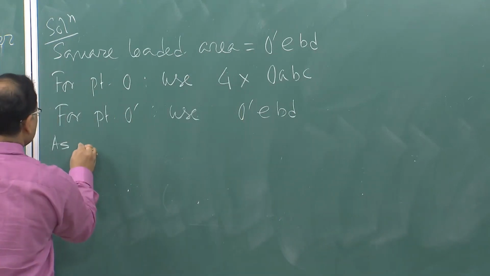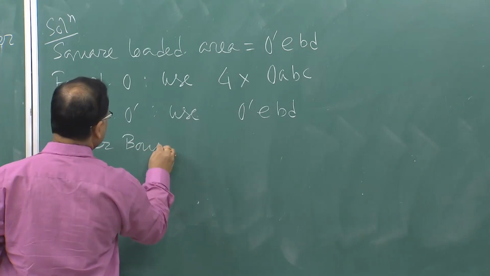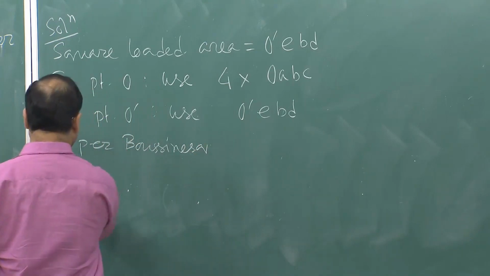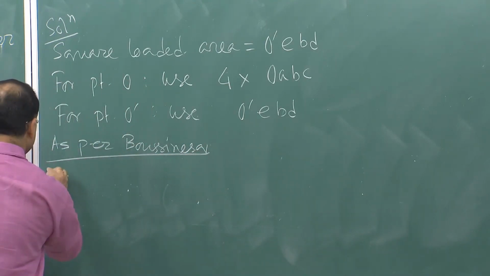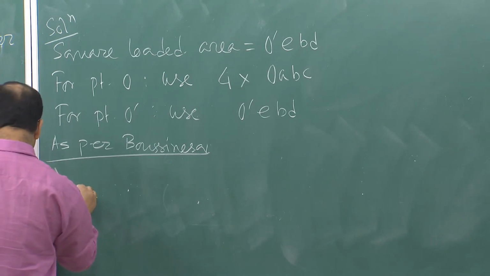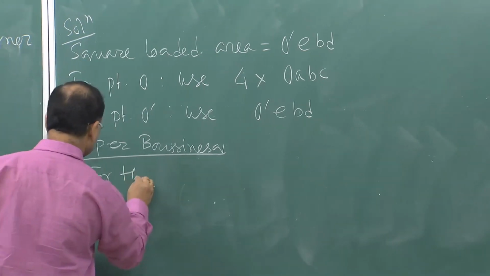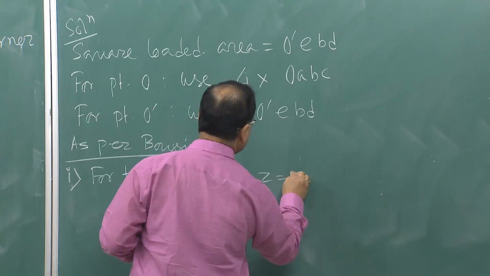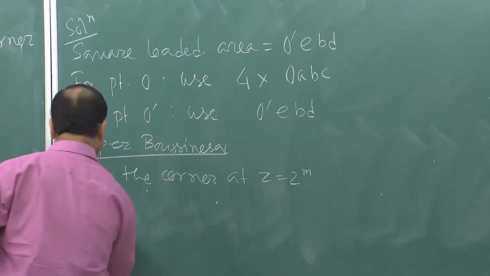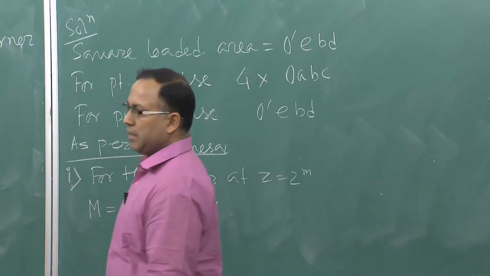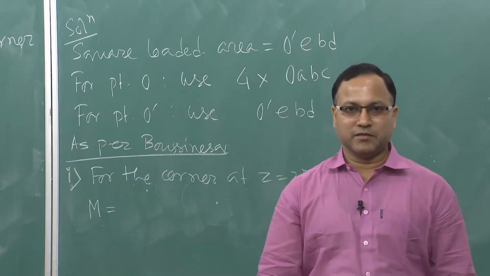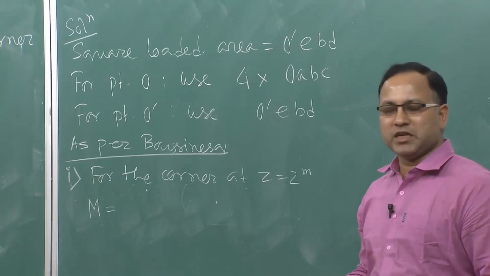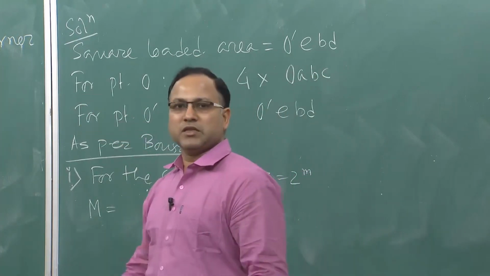So, as per Boussinesq, first one is for the corner at z equal to 2 meter. What is the magnitude of m? M is b by z. So, what is the value of b? Both b and l are the same in this problem, right. B equal to 2 meter and l equal to 2 meter, because this is a square area.